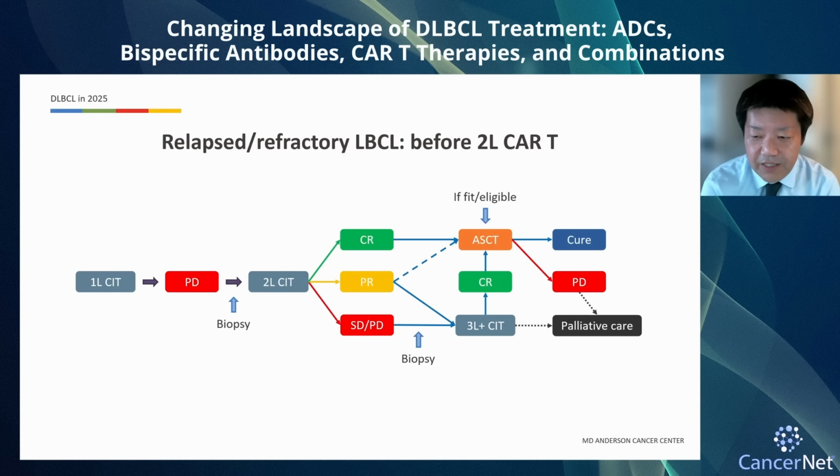For those who luckily achieved a complete response and were eligible for transplant, the next step was auto transplant as a consolidation. However, in real-world practice, this applied to only roughly 10 to 20% of the patients with relapsed refractory disease, as many were not candidates for transplant due to age, comorbidity, or chemo-refractory disease.